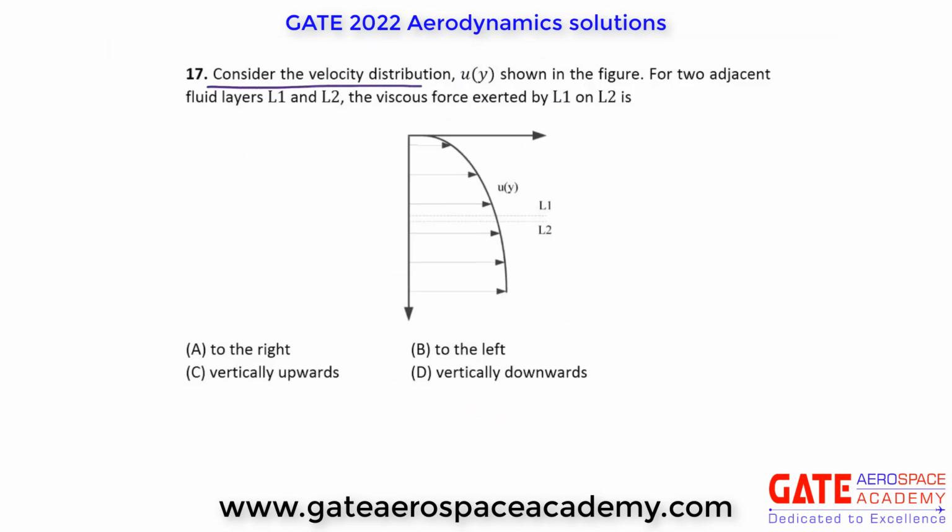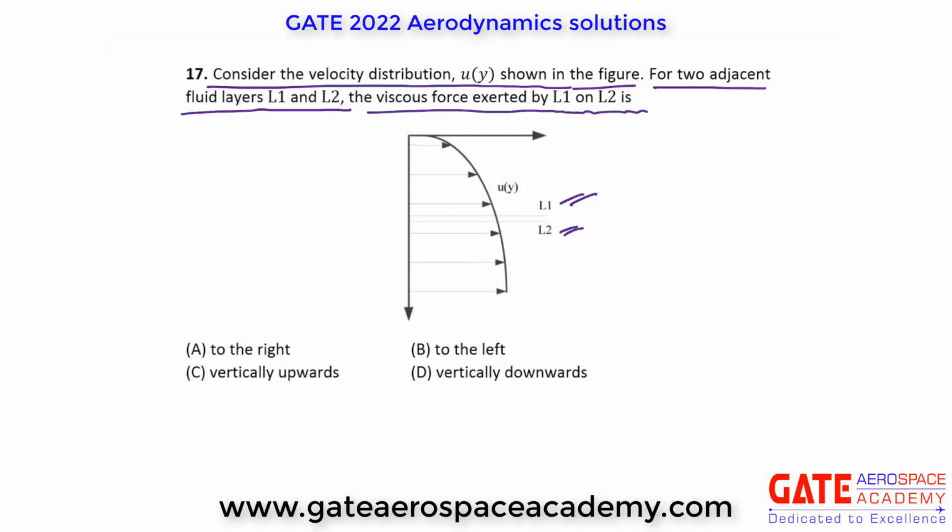Question number 17. Consider the velocity distribution of U shown in the figure for two adjacent fluid layers L1 and L2. The viscous force exerted by L1 on L2 is. So here this is L1, this is L2. Two layers are given. Option A to the right, option B to the left, option C vertically upward, option D vertically downward.